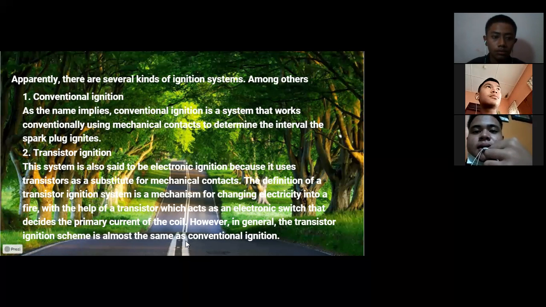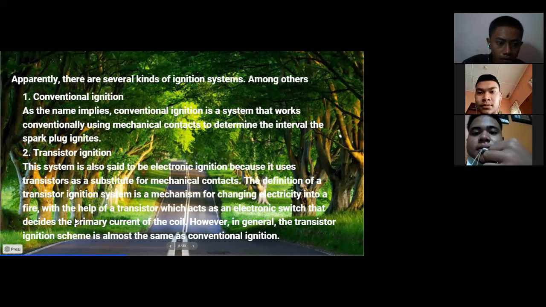Two, transistor ignition. This system is also called electronic ignition because it uses a transistor as a substitute for mechanical contact. The transistor ignition system is a mechanism for changing electricity into fire with the help of a transistor, which acts as an electric switch that cuts the primary current of the coil. However, in general, the transistor ignition scheme is almost the same as conventional ignition.